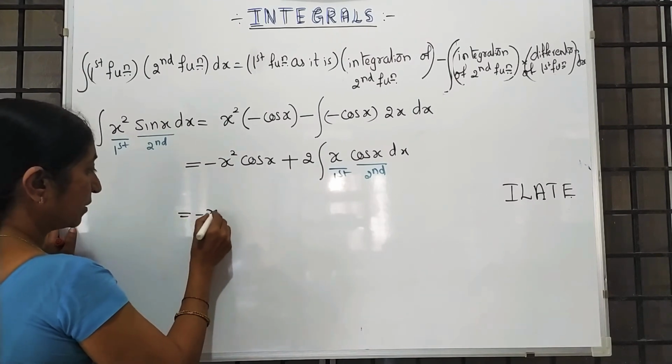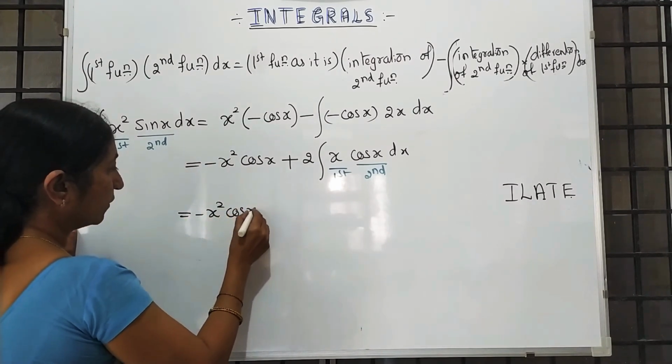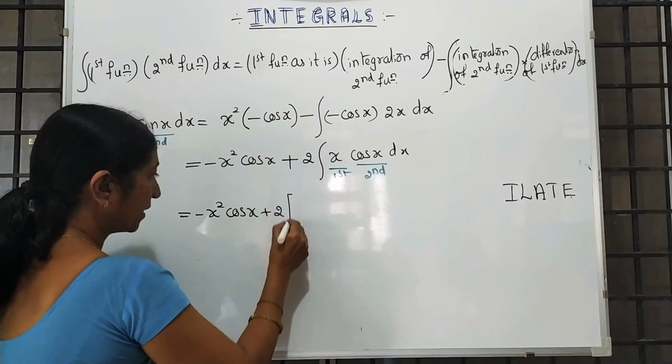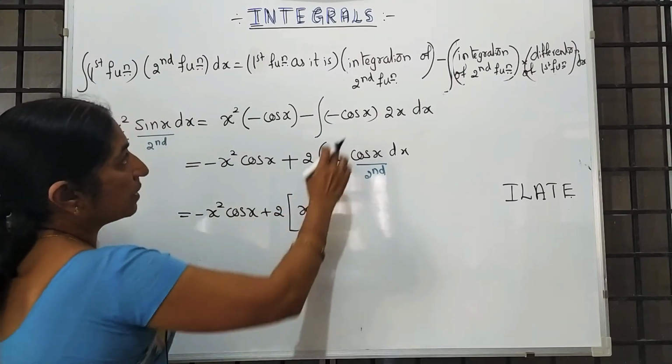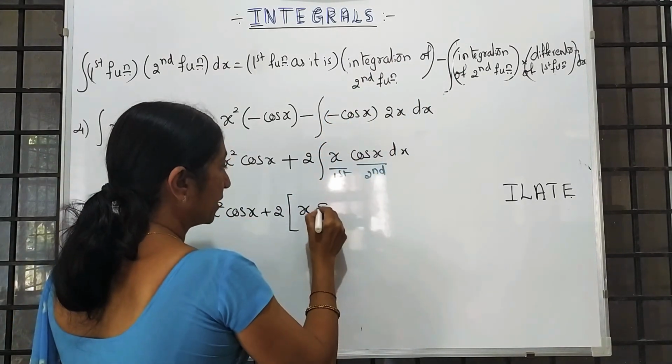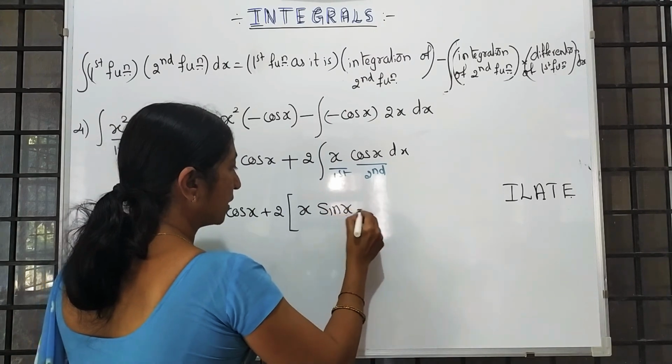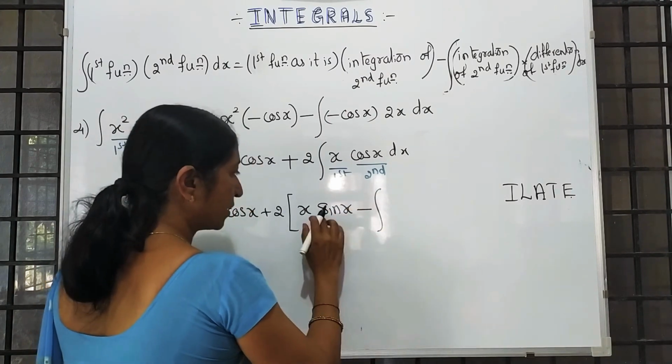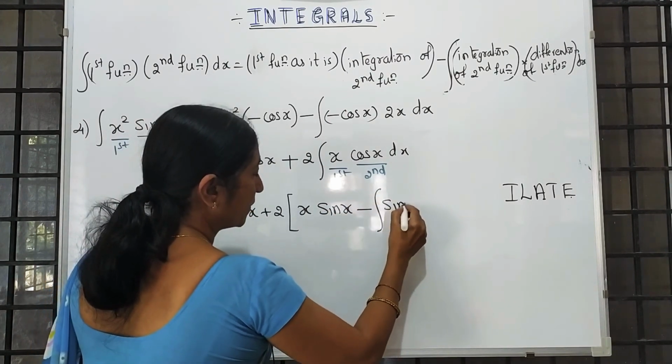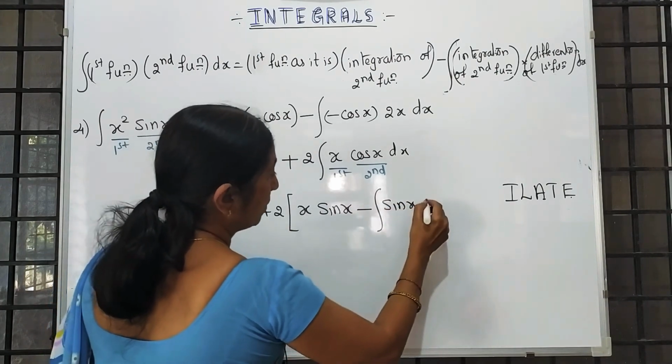So minus x square into cos x plus 2 in the bracket: first function as it is, integration of second, that is integration of cos x is sin x, minus integration sign, the same term comes here, differentiation of x with respect to x is 1.